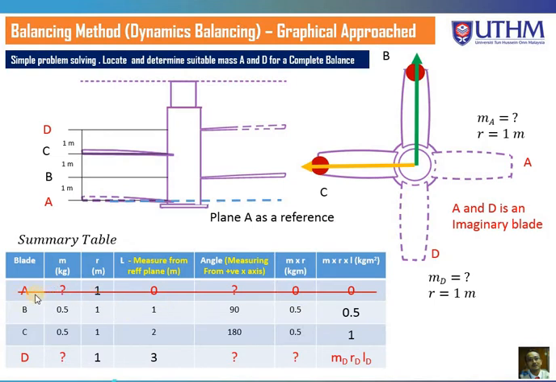Since we are taking plane A as the reference plane, the magnitude of moment for plane A is already considered as 0. So you have the moment of A, moment of B, moment of C, and moment of D. We are expecting to draw a moment polygon by using these values.